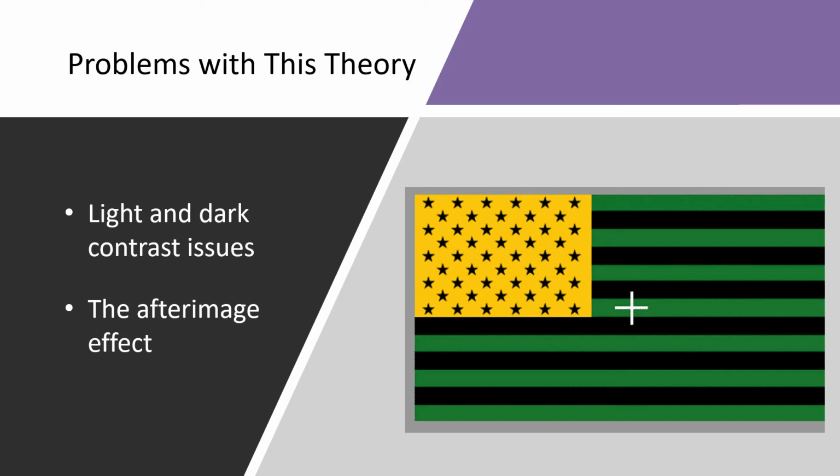Instead, focus your attention on the center X or plus sign in the middle of the flag. And for this effect to work, as I'm talking here for the next minute or so, I need you to not move your eyes. You can blink, but do not move your eyes. Keep your attention fixated on that plus sign.